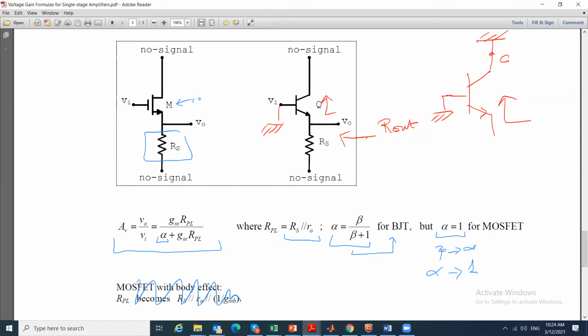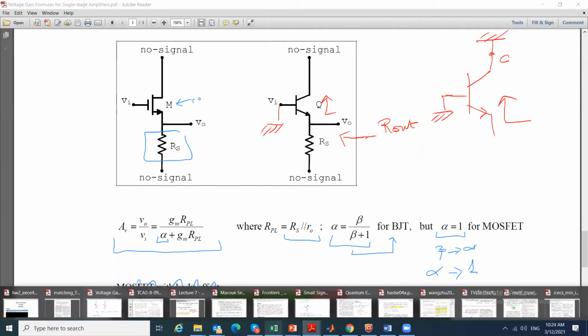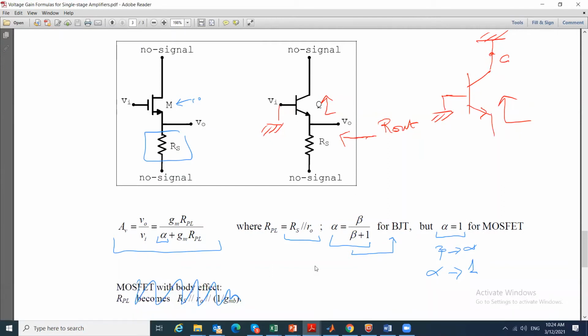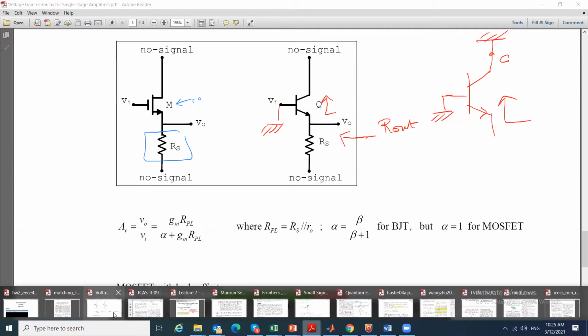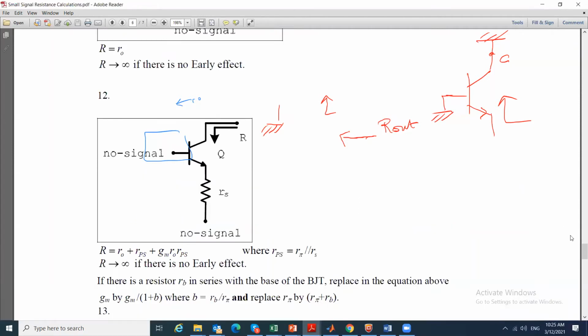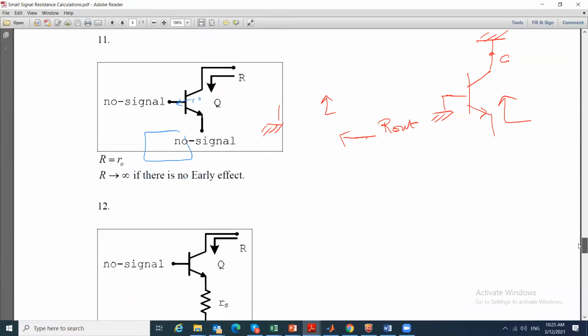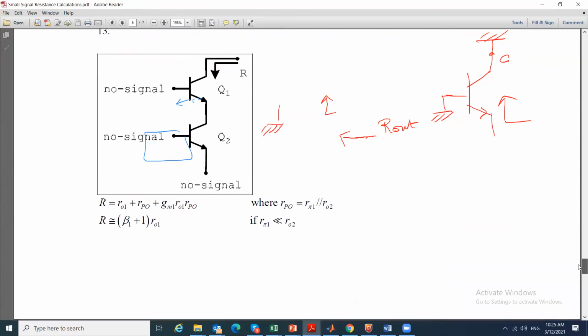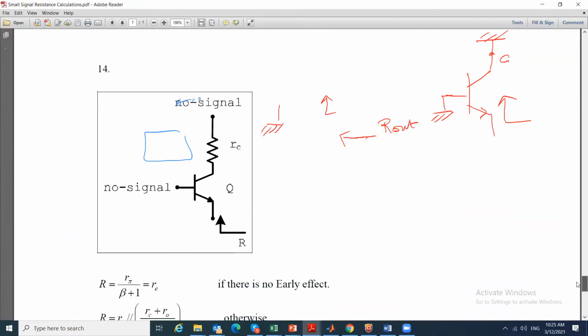Let me open the resistor sheet and let us see if we know how to find this effective resistance of the BJT with its collector grounded. So where do I go in the resistor sheet? I need to look at the equation that says looking from the emitter.